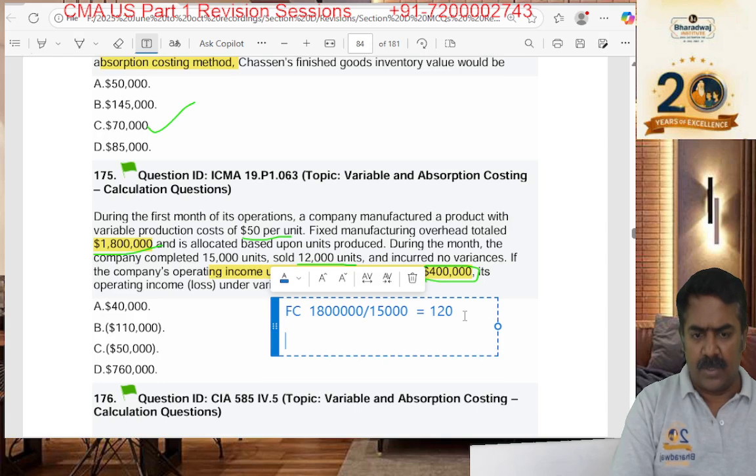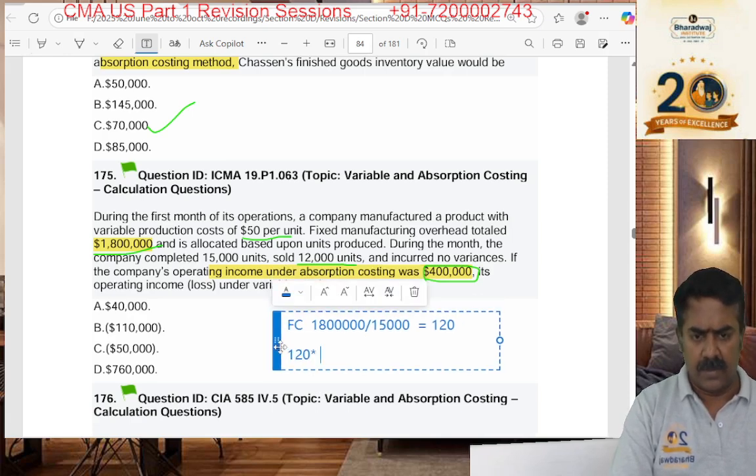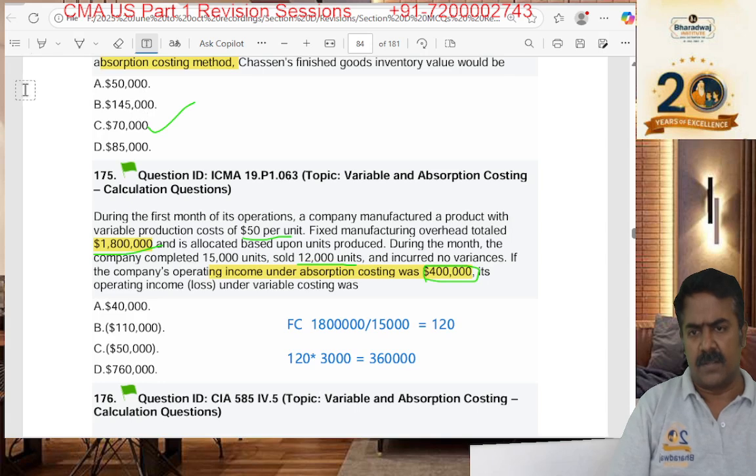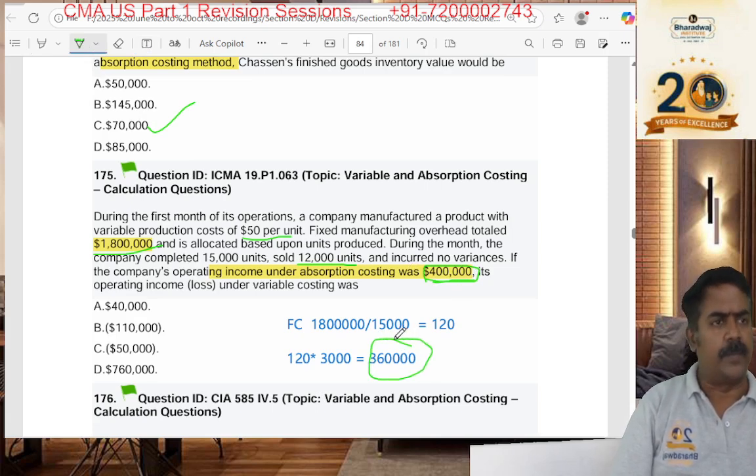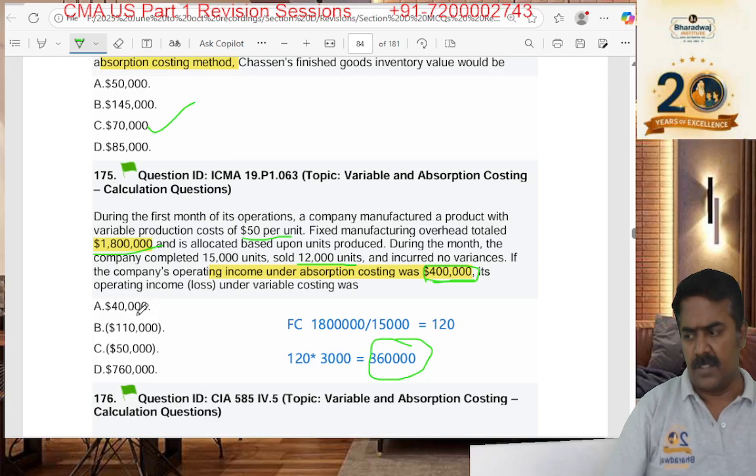Clear? So 120 into the difference in inventory, 3,000. 120 into 3,000 is 3,60,000. If it is 4 lakhs, the income would have been lower by 3,60,000. The answer is 40,000.